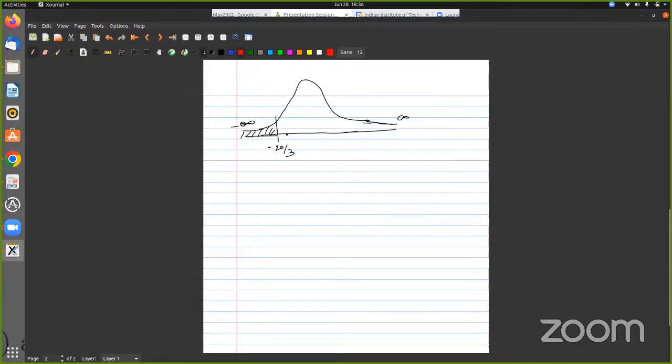So whatever is left, 1 minus Fz of minus 20 by 3, is this portion up to infinity. Let's say this probability is 0.1. So whatever is left on this side is 0.9.